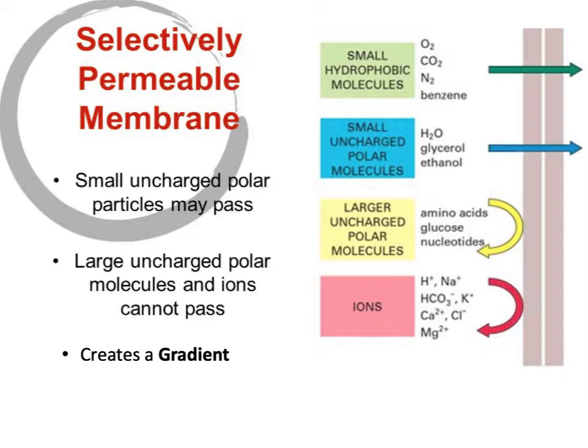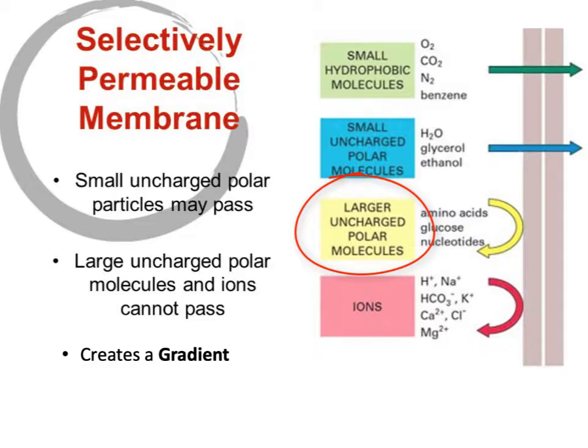Lipid-soluble molecules like steroid hormones and some vitamins can also pass quickly through the membrane. Other small molecules can pass through even though they are polar, like ethanol and glycerol. They're small enough to move through the membrane. However, large polar molecules are too big. Things like amino acids, glucose, and nucleotides.